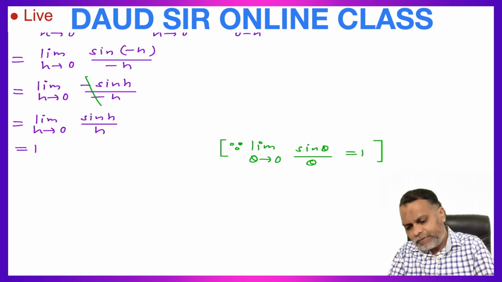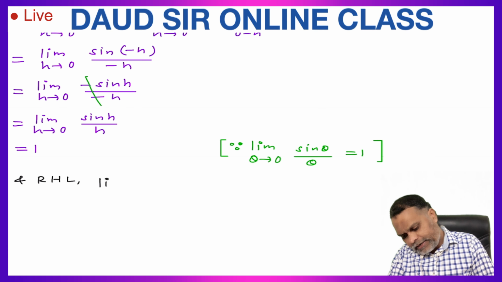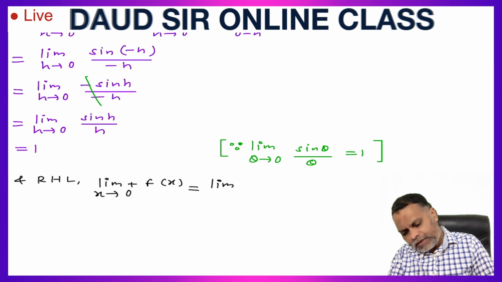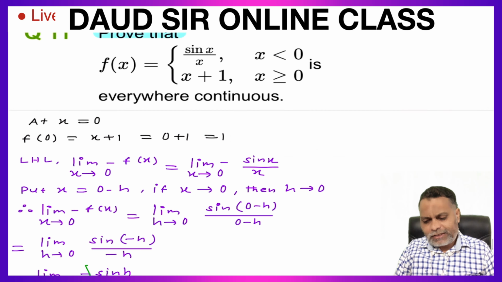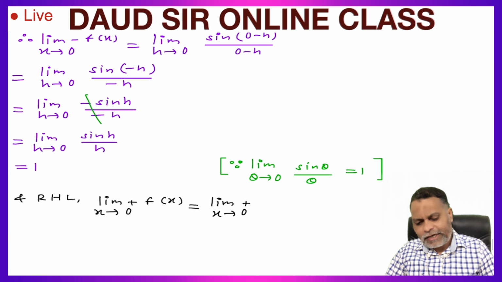Now right hand limit. Limit x tends to 0 plus f of x is equal to limit x tends to 0 plus, where x is greater than 0. Here x is greater than 0, so take this function x plus 1.